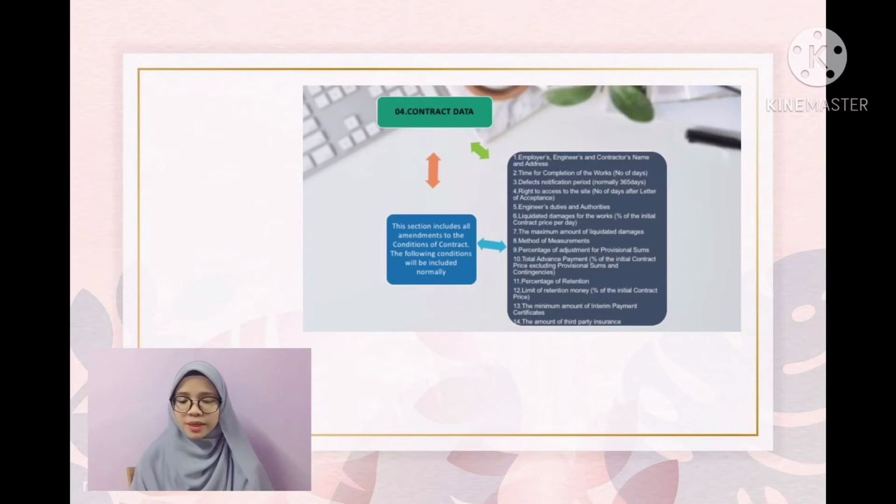The following conditions will normally be included: employer, engineer, and contractor names and addresses; time for completion of the works; number of off days; defect notification period, normally 365 days; right of access to the site; engineer duties and authorities; liquidated damages for the works; the maximum amount of liquidated damages; method of measurement; percentage of adjustment for provisional sum; total advance payment; percentage of retention; limit of retention money; the minimum amount of interim payment certificate; and the last one, the amount of third-party insurance.